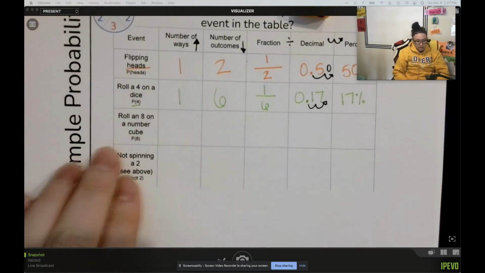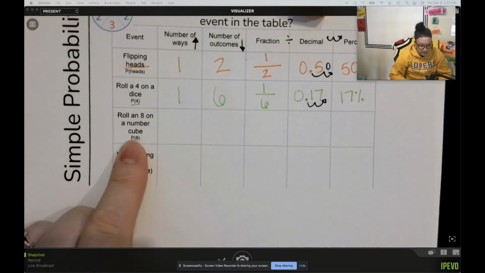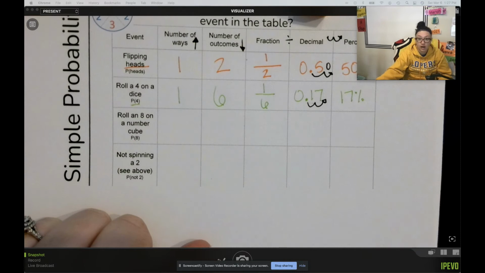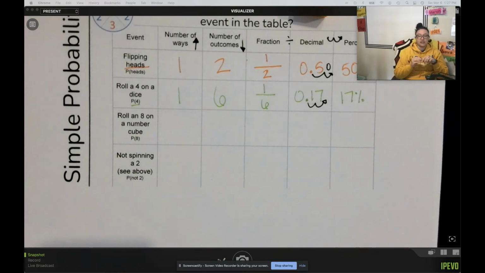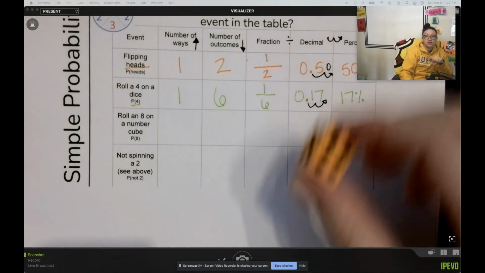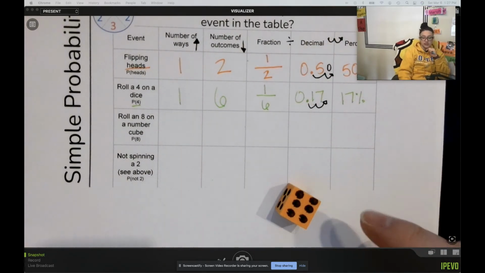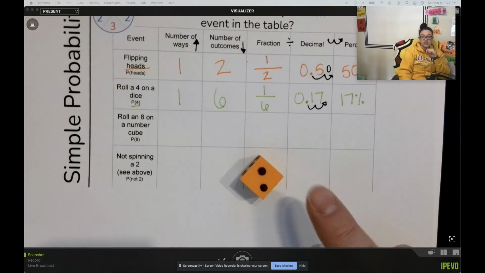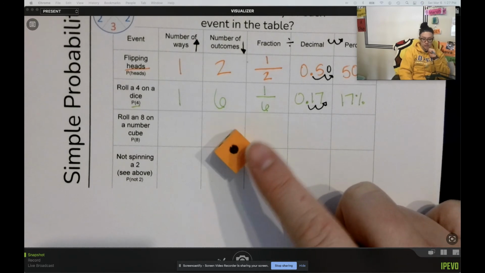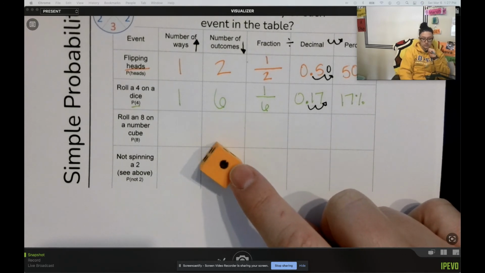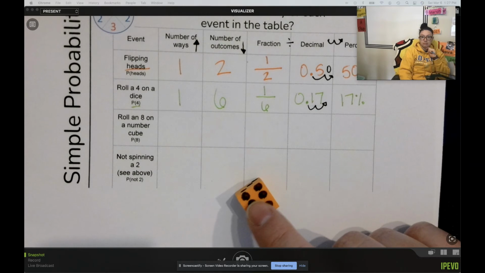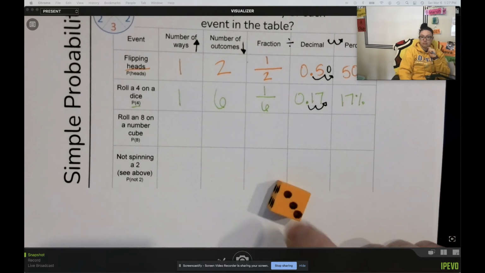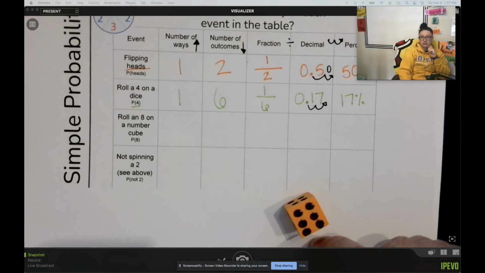Our next problem says the probability of rolling an 8 on a number cube. So first we need to think the number of ways. How many 8s are on a number cube? There aren't any.